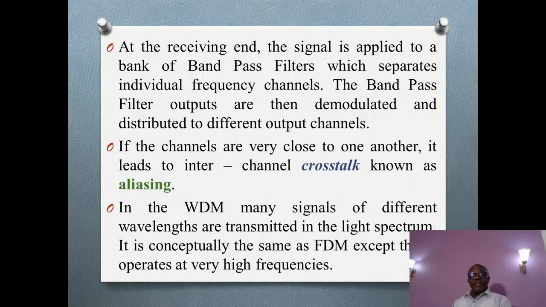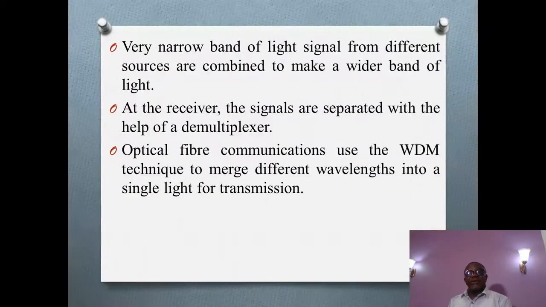In WDM, that is wavelength division multiplexing, many signals of different wavelengths are transmitted in the light spectrum. It is conceptually the same as FDM, except that it operates at very high frequencies. Very narrow bands of light signal from different sources are combined to make a wider band of light.